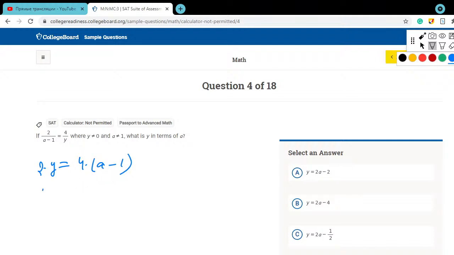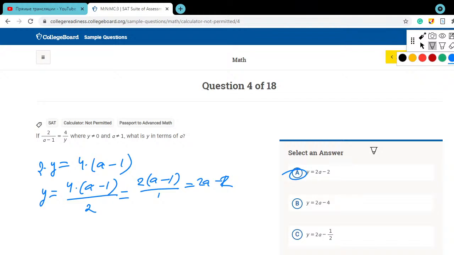So I divide both sides by 2. This equals 2a minus 2.